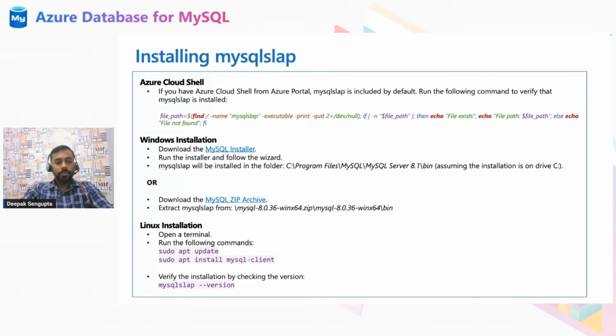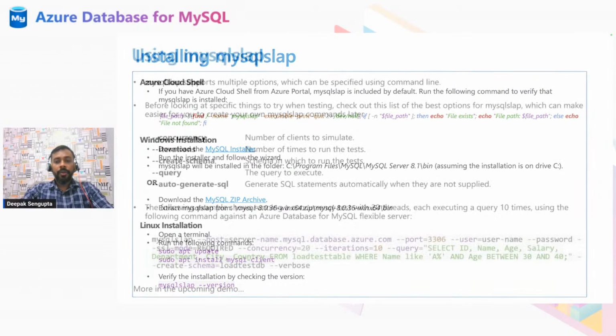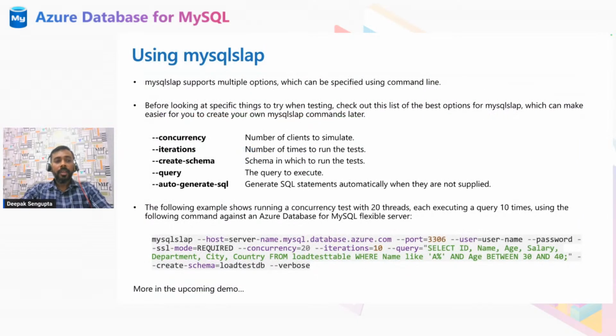So if we want to access the MySQL slap utility on Linux systems, we have to install the MySQL client package. So, with this, these are very basic steps for installing the MySQL slap utility. With this, we'll move on to the next slide to understand how to use MySQL slap.